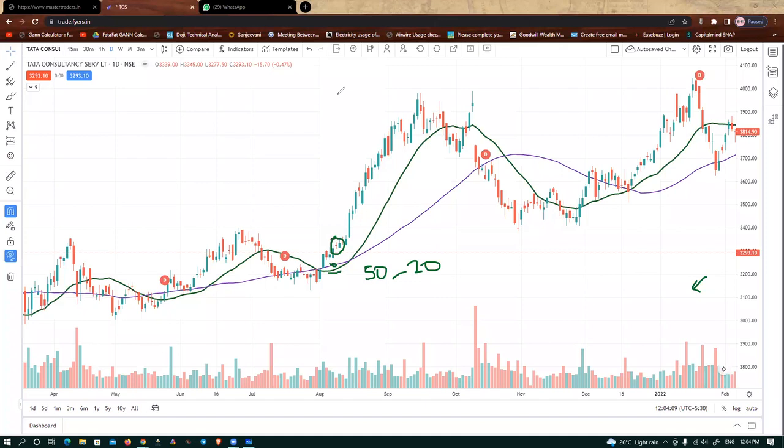So price is trading above the average of 1 month and also above the average of 3 months. What does this mean? For 3 months, the price is trading above the average. It means very strong.